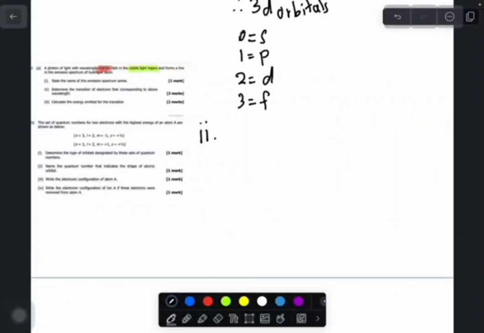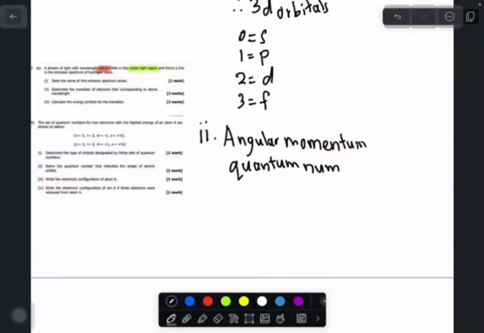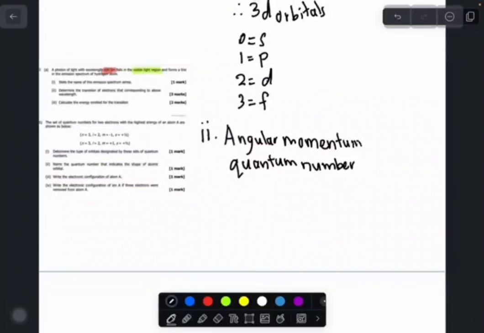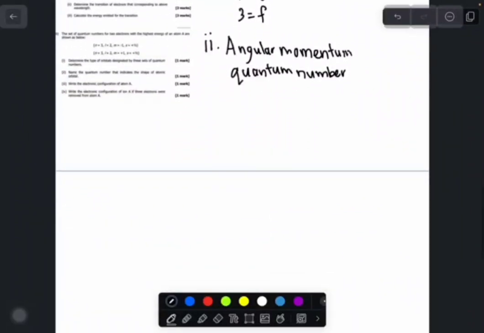The quantum number that indicates the shape of any atomic orbital is going to be the angular momentum quantum number. Alright guys, very easy, just concept. Moving on.